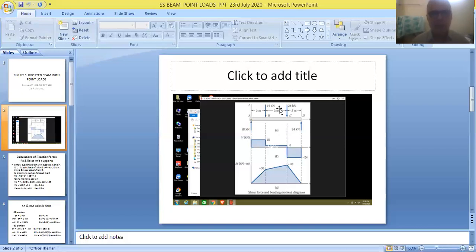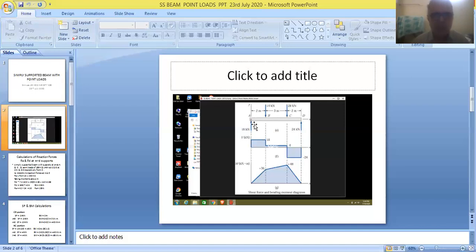Friends, 2 forces are acting in a downward direction and 2 reaction forces are acting at the ends of the beam in an upward direction. The reaction force at the left end of the beam is called RA, R for reaction, A for point A.